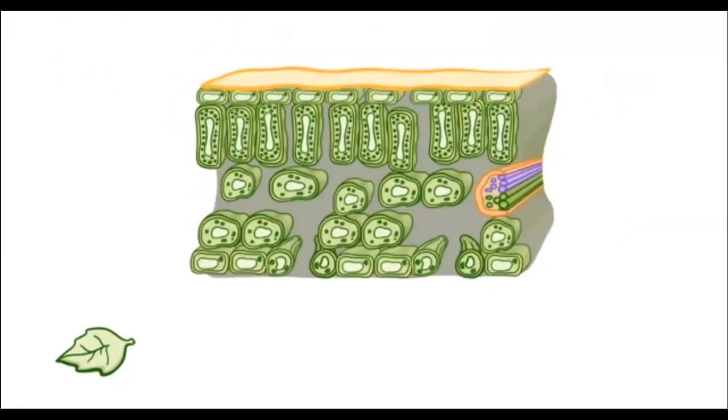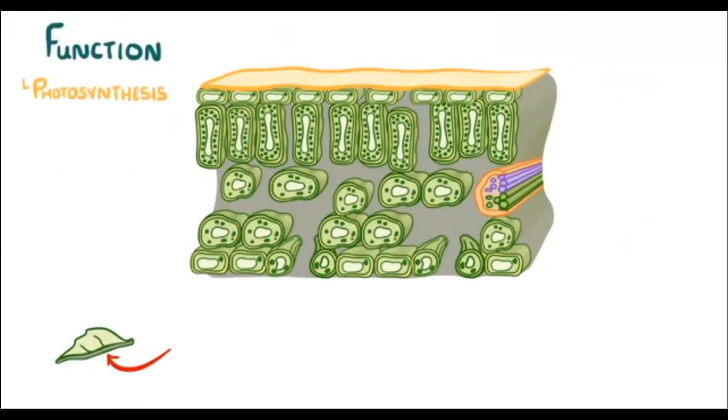This image here is a cross-section of a leaf, as though you sliced it from top to bottom and are looking inside. Before we explore these structures though, it's worth considering its function. Leaves are the site of photosynthesis, which we'll cover in another video, but basically it requires lots of carbon dioxide and water in order to make sugars.